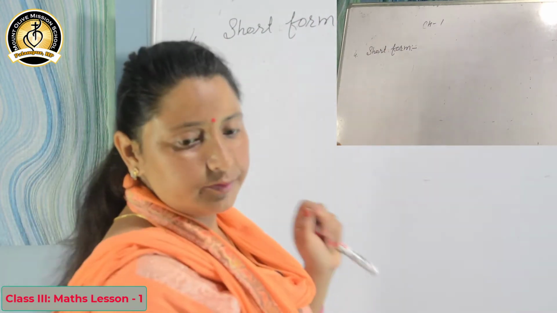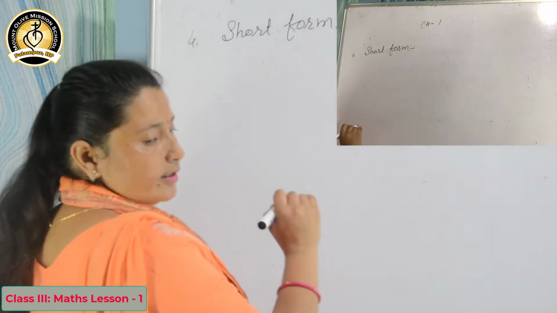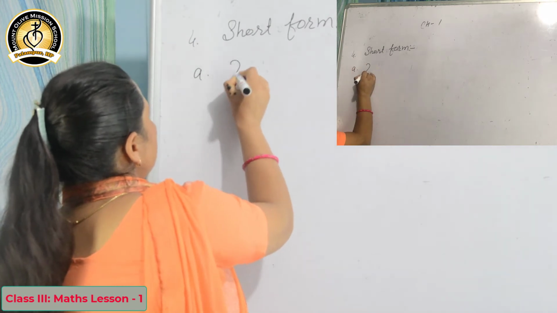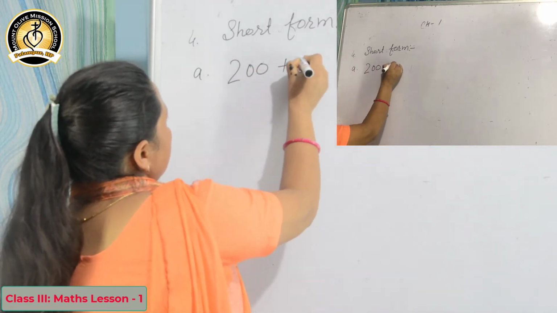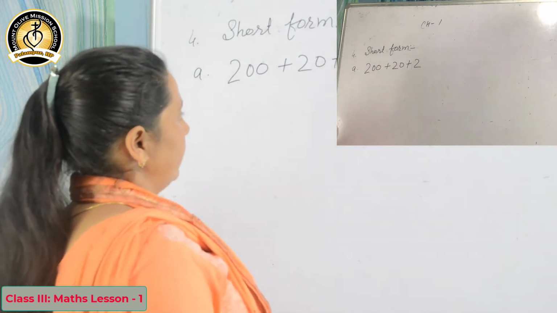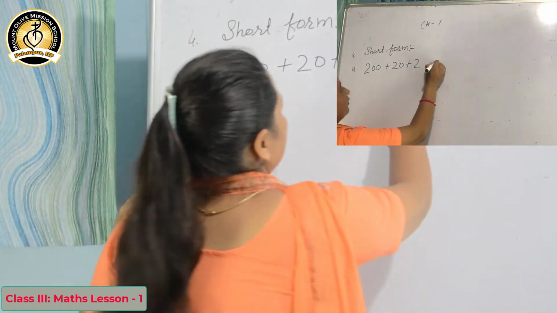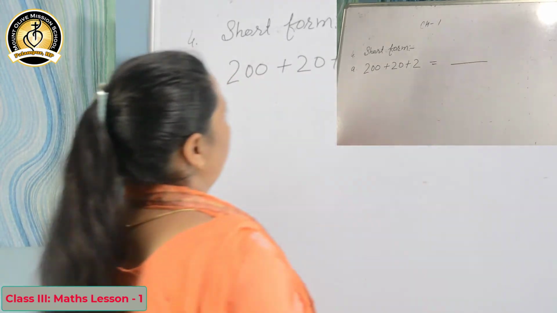Okay? So question number 1, part A, 200 plus 20 plus 2. Write in short form.